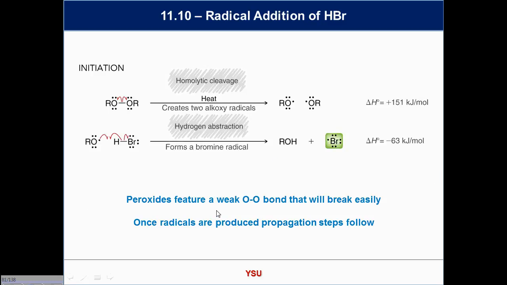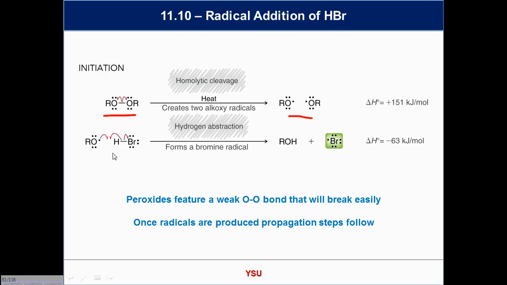So what happens here is the heat, and typically on questions like this, I'll give you the heat. I'll say there's heat in there. You can do this at room temperature. There's enough energy there to do this, but I'll give you the clue. And you find now that this radical precursor breaks apart quite easily to give you oxygen radicals. And oxygen radicals, as we just saw, are very highly reactive.